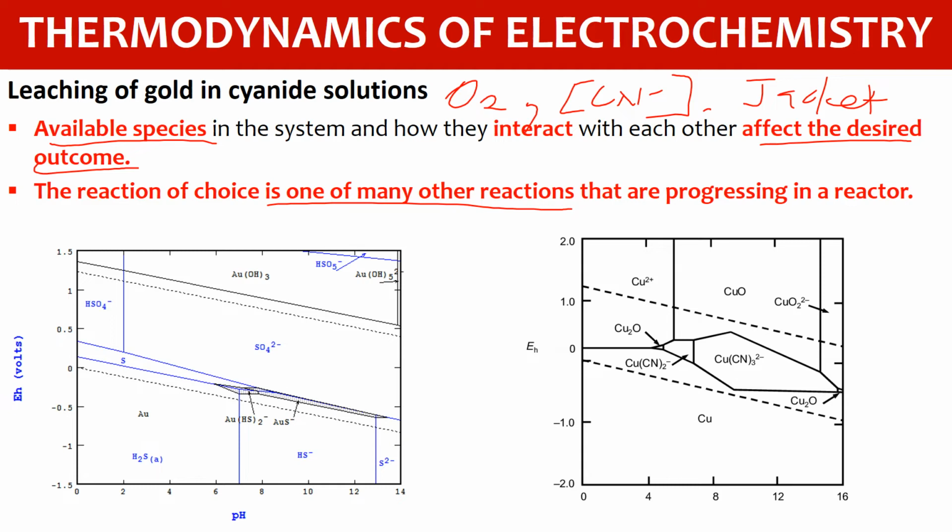This is quite prominent with stibnite. Stibnite is one of the most troublesome minerals in hydrometallurgical processes, especially in cyanidation. It has properties to cause all three adverse effects on your system. So what we are saying is that there are many background reactions in a system that you need to be aware of.